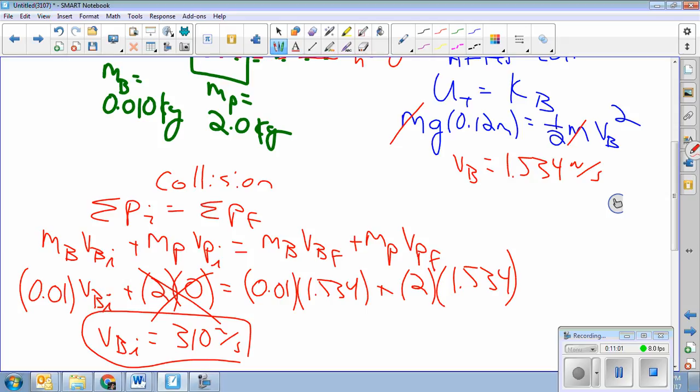So if the bullet had bounced off of the block without losing total energy, you would have had to have had the... All right, Patrick, does that make sense? Good question. All right, everybody good?